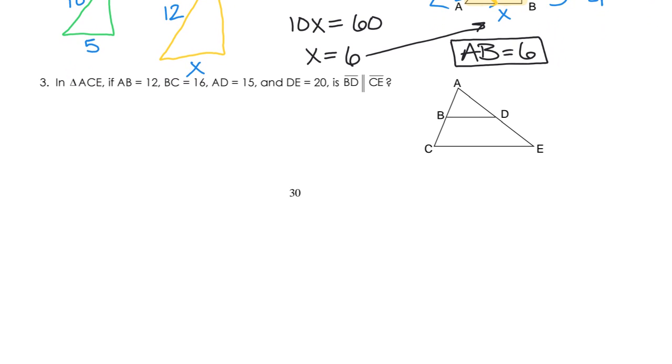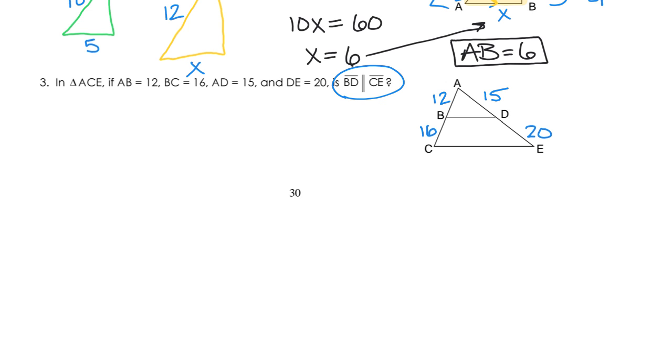It says in triangle ACE, if AB is 12, BC is 16, AD is 15, and DE is 20. Oh, this one's a little reverse question. They're not asking me to solve for anything. They're asking me, are these parallel?